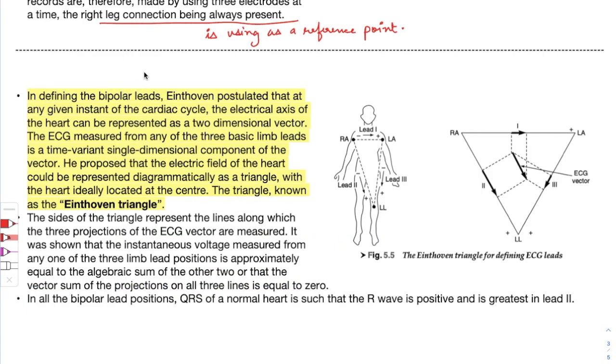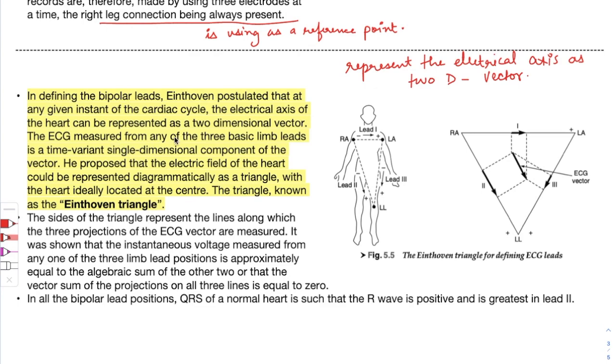In defining the bipolar leads, Einthoven postulated that at any given instant of the cardiac cycle, the electrical axis of the heart can be represented as a two-dimensional vector. So it is basically saying that we can represent the electrical axis as a two-dimensional vector.